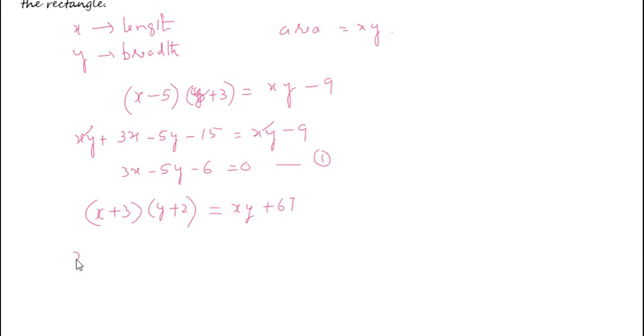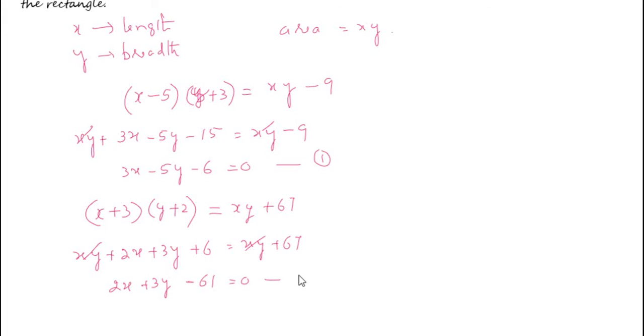So x into y, xy, x into 2 is 2x, plus 3y plus 6 equal to xy plus 67. xy cancels. 2x plus 3y. 67, if it comes here, minus 67. Minus 67 plus 6 is minus 61 equal to 0.